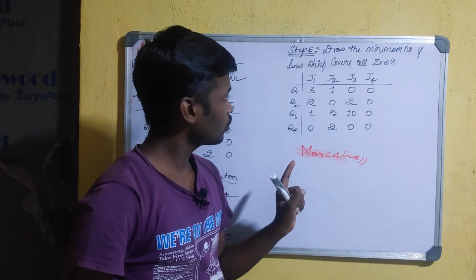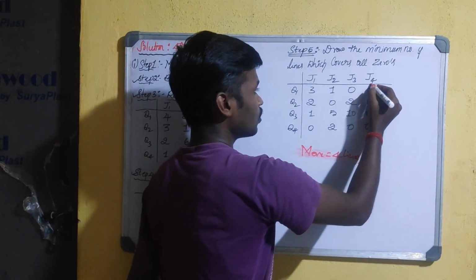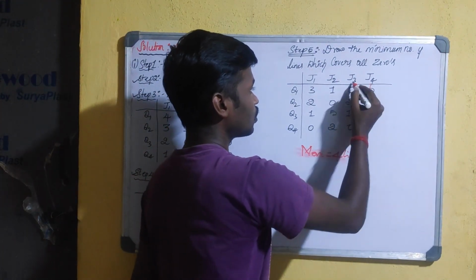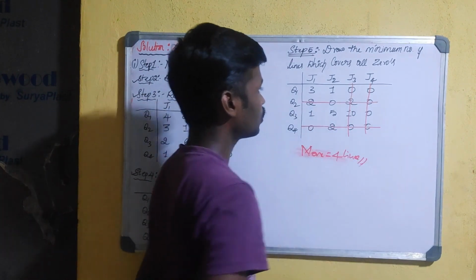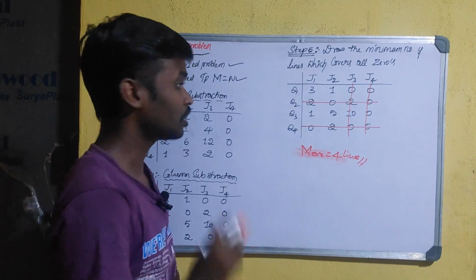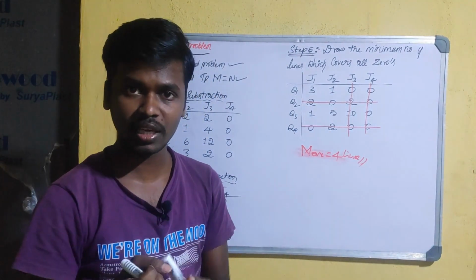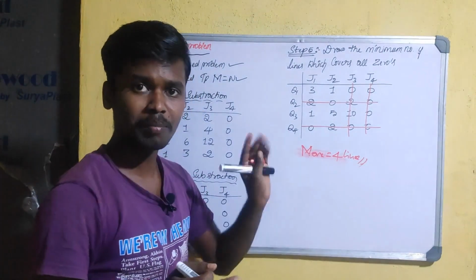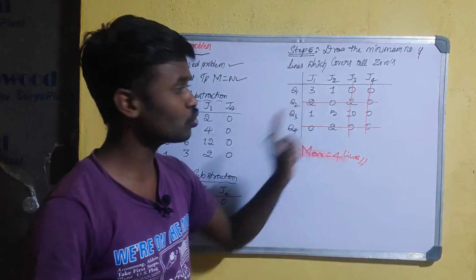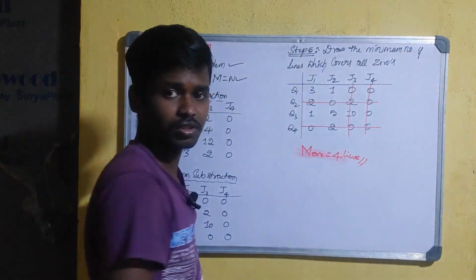So we have to use 4 lines finally, 1, 2, 3 and 4. By using 4 lines, we have already covered all the zeros.